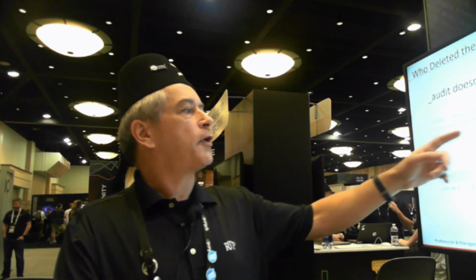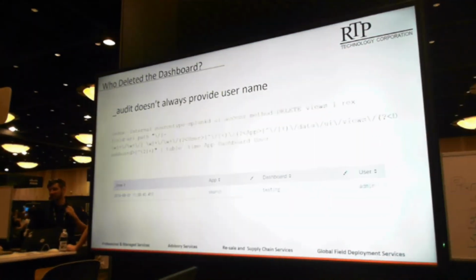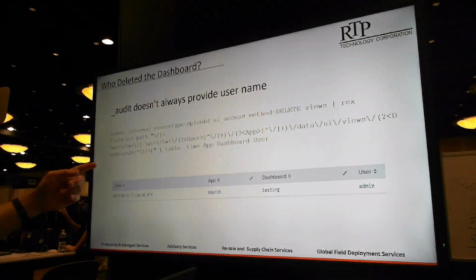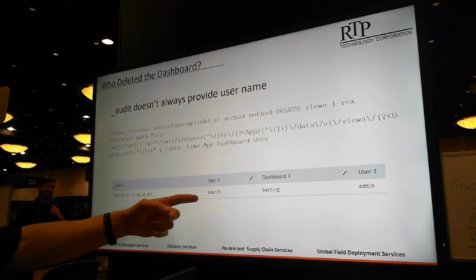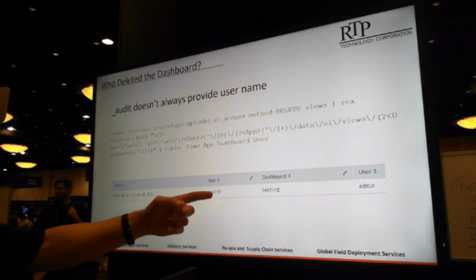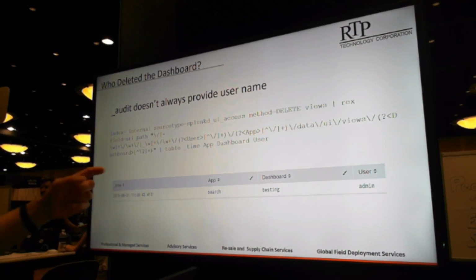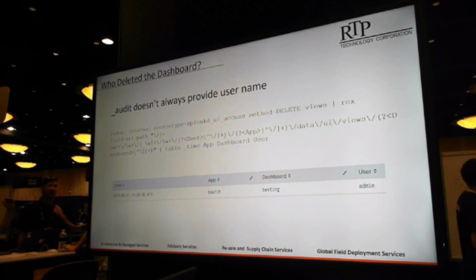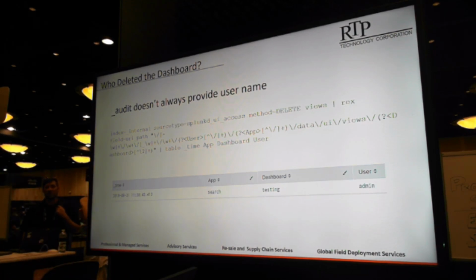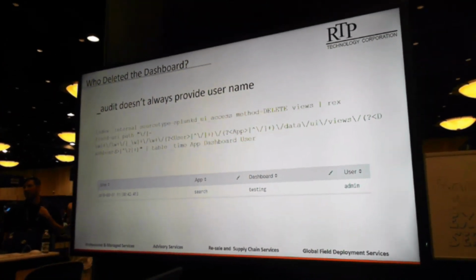If we do a search through that log for the delete method and see who deleted views, well, we get a list now. We see that this particular dashboard was deleted by the admin user at 11:30, just before lunch. So now you can go back to the admin and say, "Why did you delete my dashboard?"